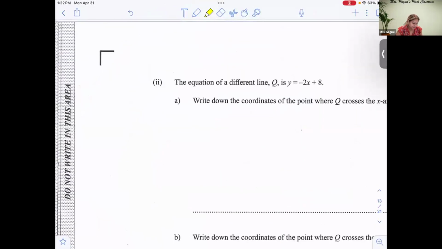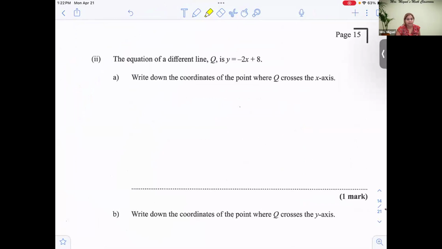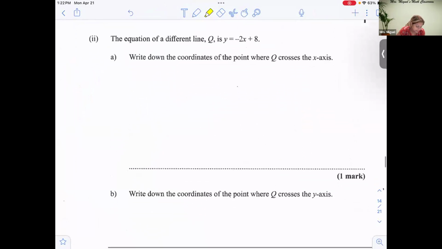The equation of a different line Q is y equals negative 2x plus 8. It crosses the x-axis.